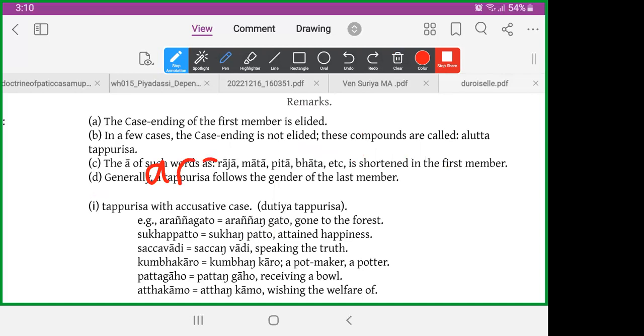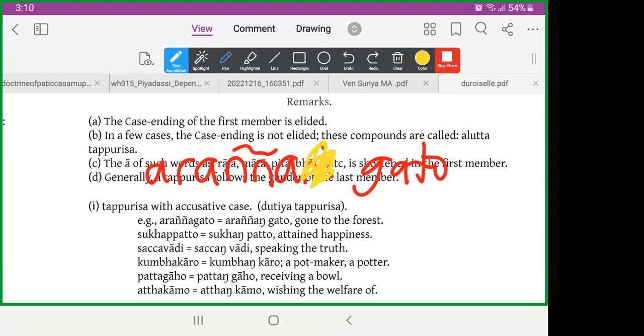Okay, so Aranyam Gato. All right. So here, according to the explanation, the case ending of the first member is elided. So this one is the case ending.